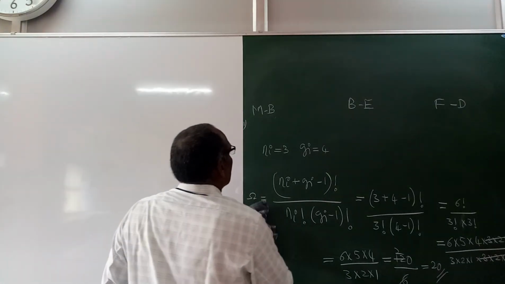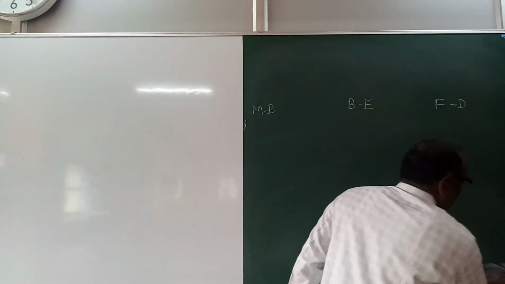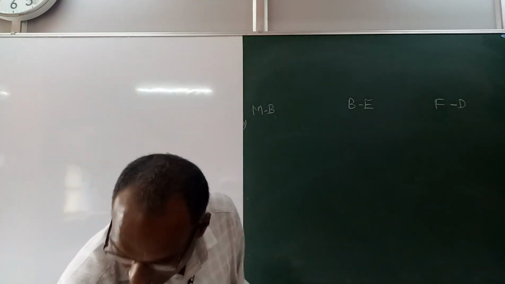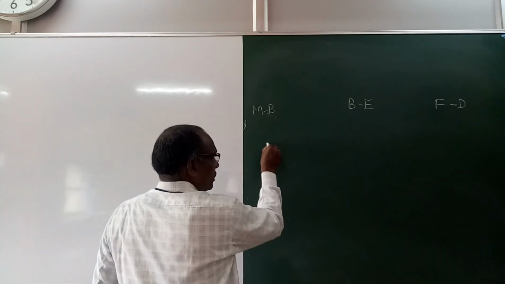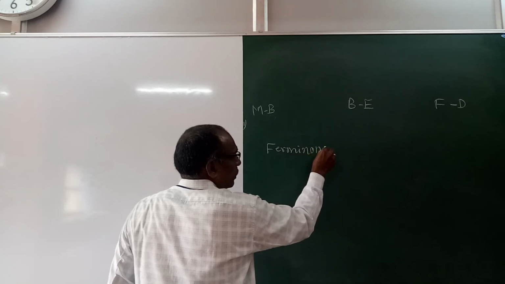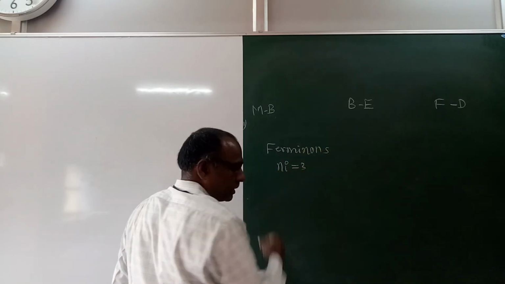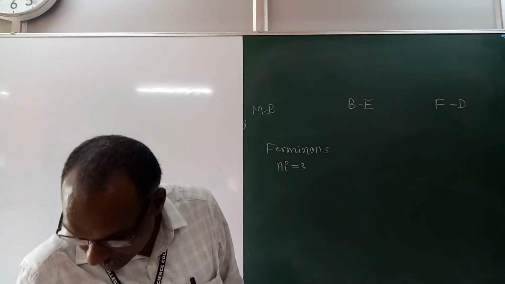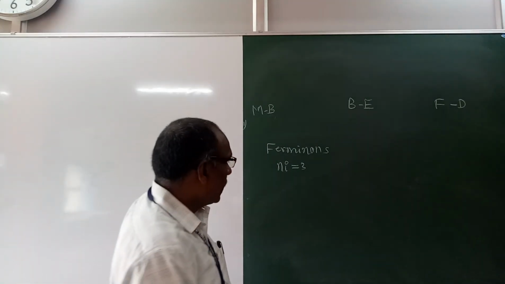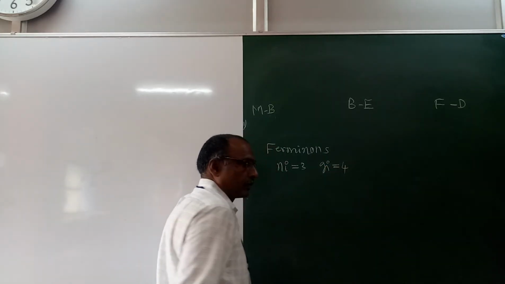Let's take another example for fermions. Fermions, that means I have to use that formula. Ni is equal to 3, the number of particles, and the number of cells Gi is equal to 4.